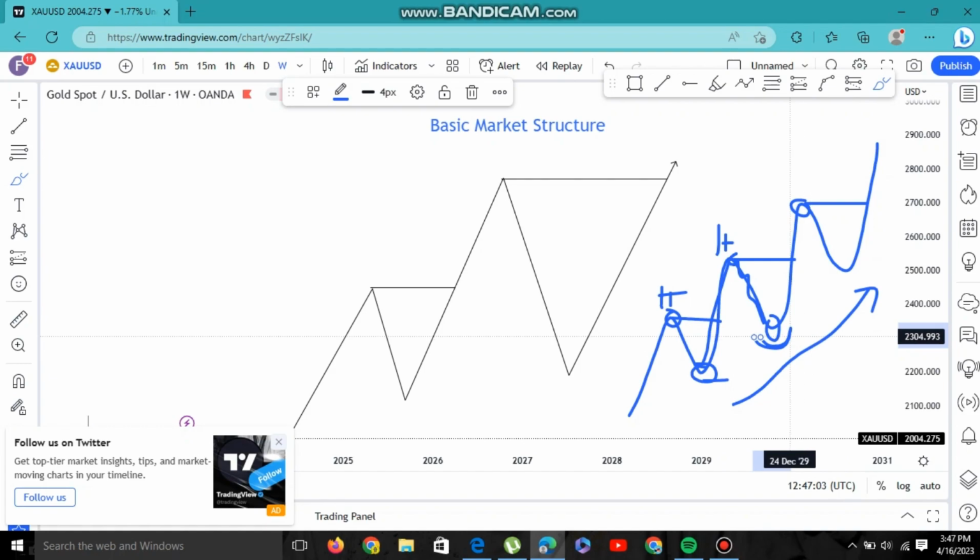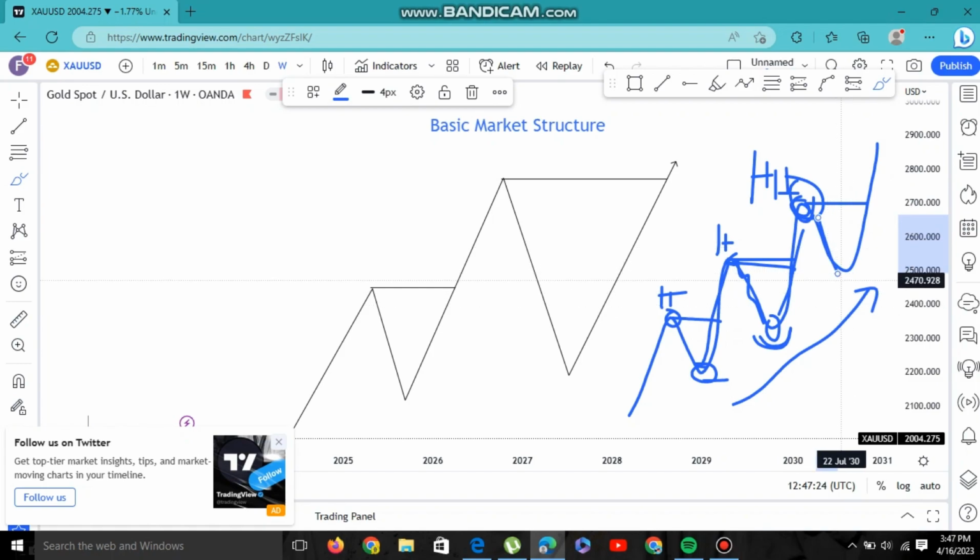Okay, and what did this higher low do? Broke the previous high and then got us a new high, which we call a higher high. A higher high. And then what happened again? This higher high gave us this pullback that came back to give us a new higher low.